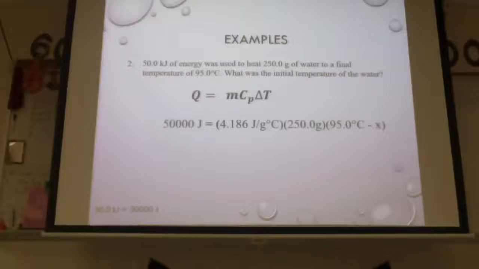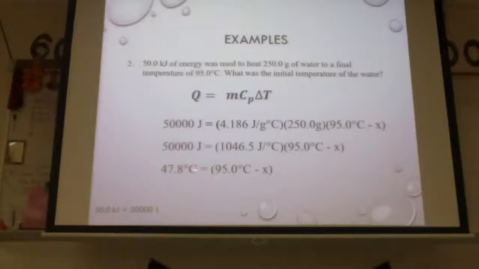Alright, let me get through this, guys. So when I do this, just to lay out the algebra for you guys, you multiply these together. That gives you 1,046.5. Divide both sides by that 1,046.5. You get 47.8 equals 95 minus x. How do I solve this here? Carefully.